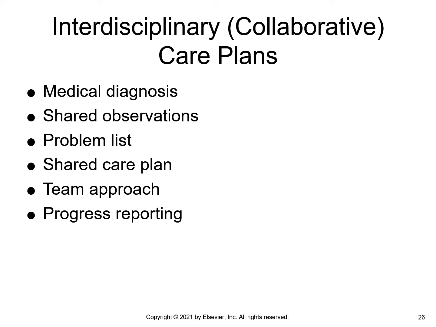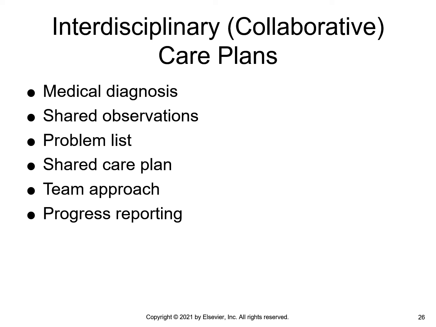Interdisciplinary care plans have the following characteristics. We use the medical diagnosis, not the nursing diagnosis. We want to make sure that we share all of the data that we have collected. A problem list is then developed and prioritized.